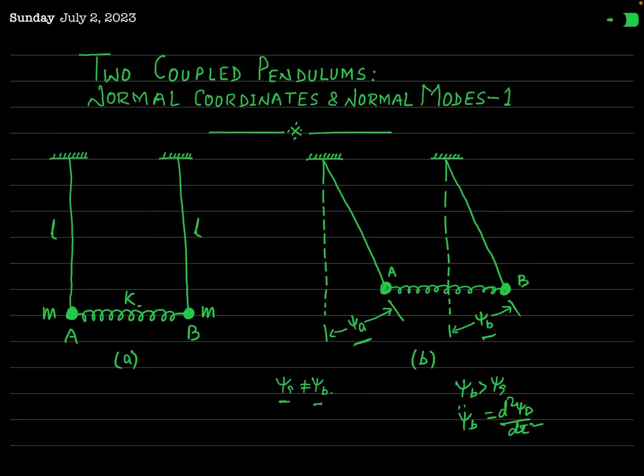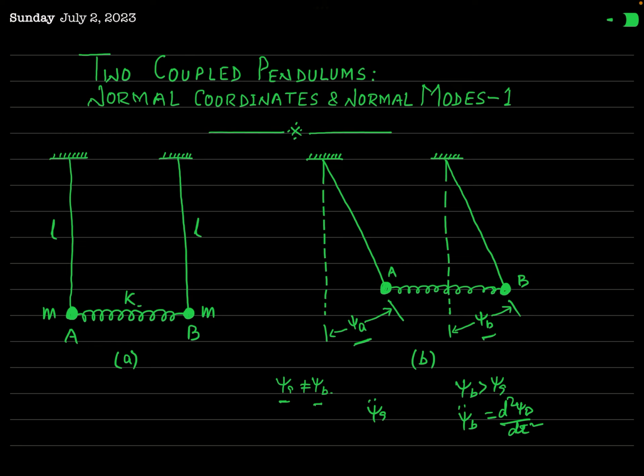Actually, this acceleration will be opposed by the displacement. On the other hand, in this very condition, the displacement of bob A will be supported by the spring force, and so this psi a double dot will be in the direction of its displacement.